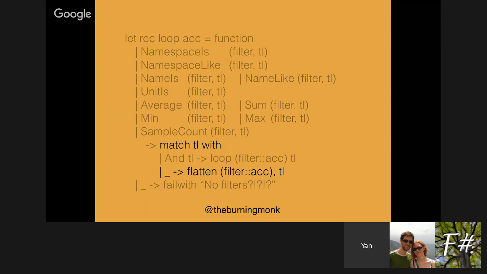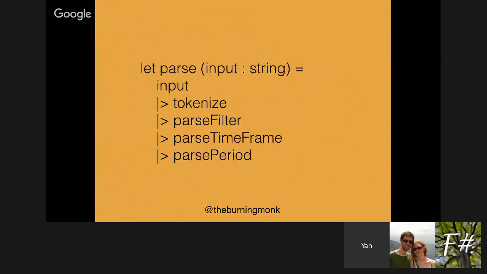And at the end, if there's no more AND keyword, then we just flatten the list of filters down into a composite filter, whilst we also return the rest of the tokens that we haven't parsed. We can then pass that on to the next part, which will parse the time frame and the period, and that's how we can iteratively construct a query object at the end of it.